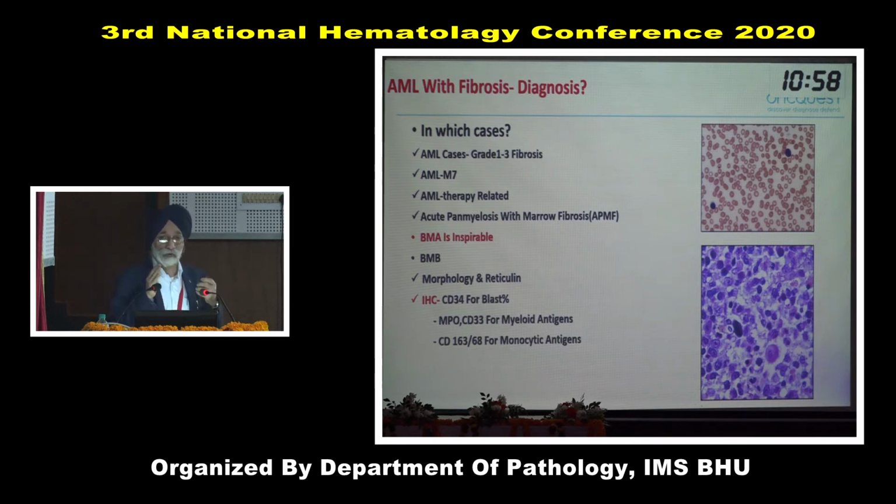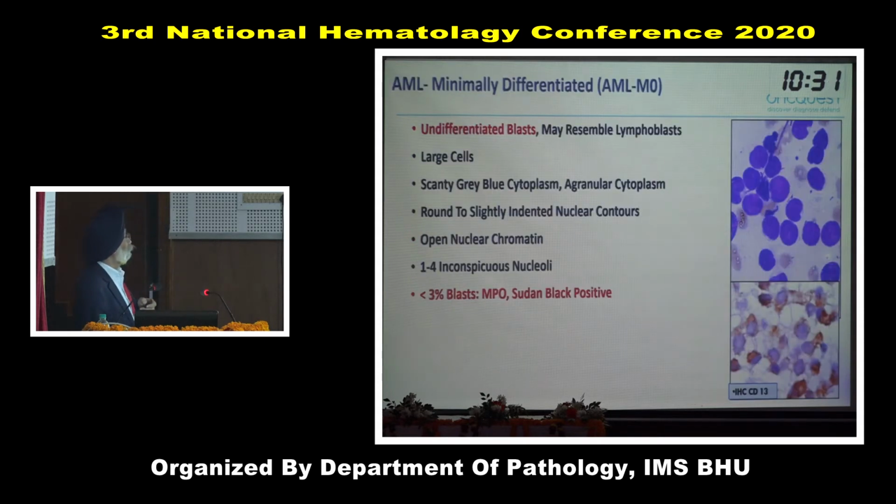M7 is almost always associated with marrow fibrosis, therapy related, and then a rare entity is panmyelosis with marrow fibrosis. In this also there is extensive marrow fibrosis, few cells in the peripheral blood, and the bone marrow does not give a good amount of blast cell count. So these are the cases where we go for immunohistochemistry to confirm the diagnosis.